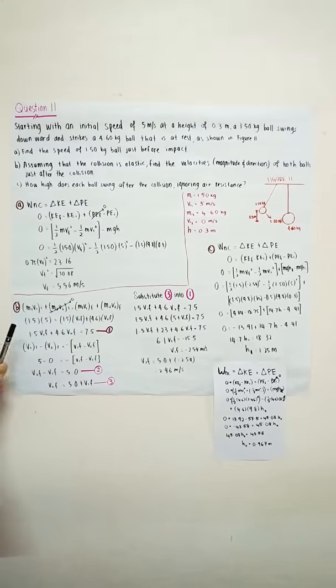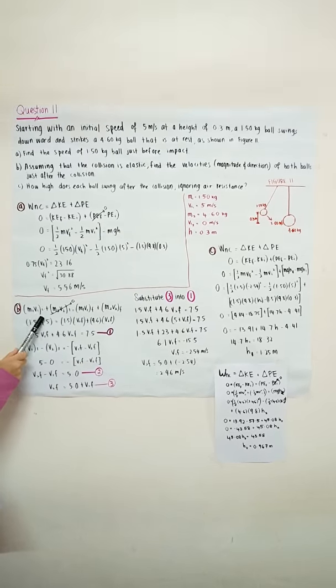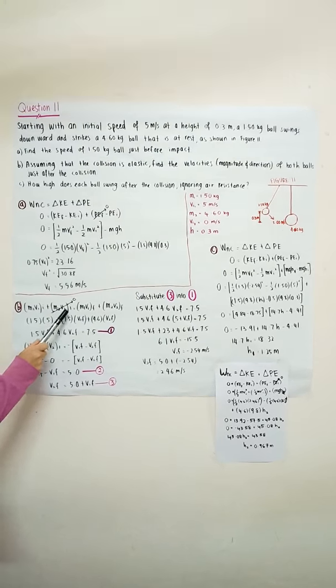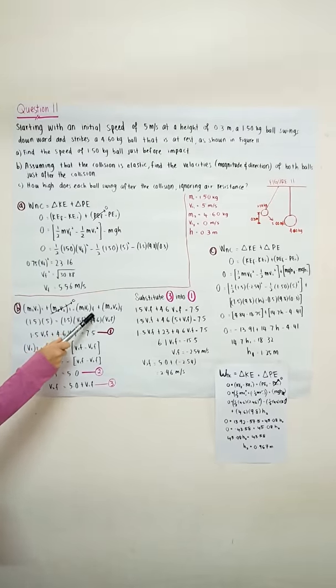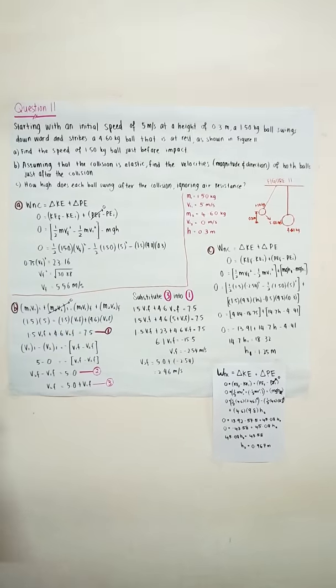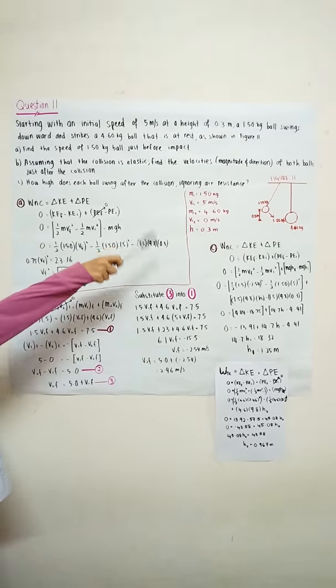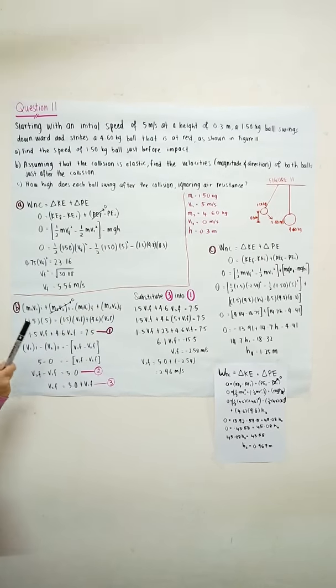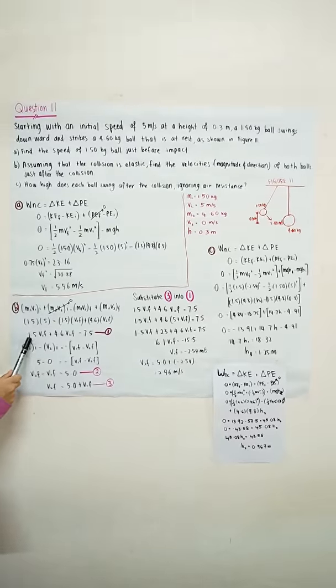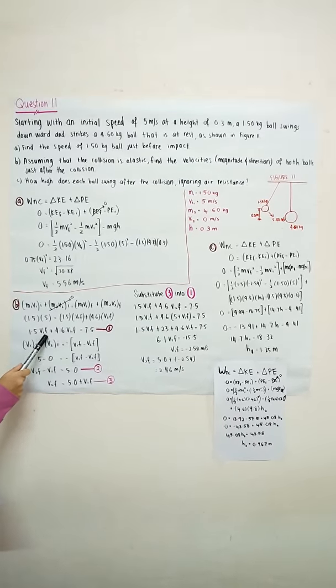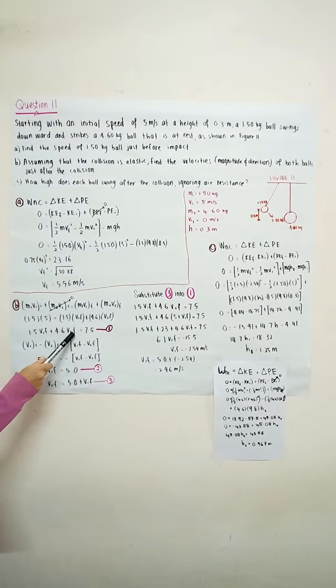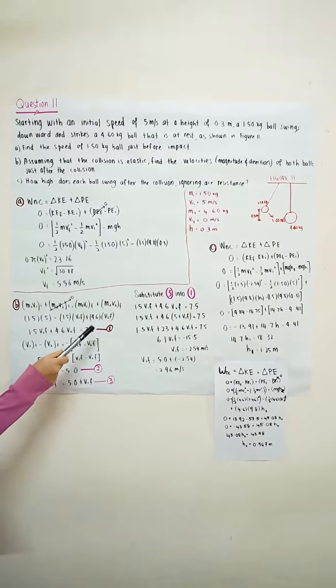So the formula is m1 v1 initial plus m2 v2 initial equals m1 v1 final plus m2 v2 final. And then we substitute all the information given from this question and we get the first equation: 1.5 v1 final plus 4.6 v2 final equals 7.5.